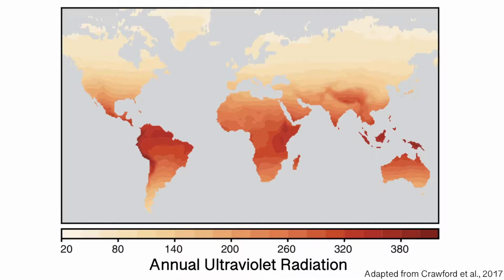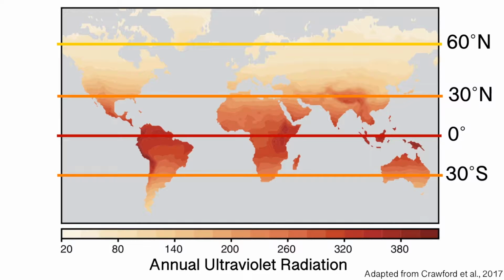Because if the amount of ultraviolet radiation or the amount of sun that the Earth received globally was equal in every place, we still wouldn't have seen this rapid diversification of skin color. As it turns out, most of you are probably aware that various places on Earth receive far more or far less sunlight than others.